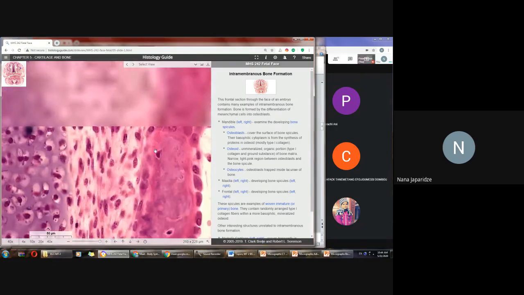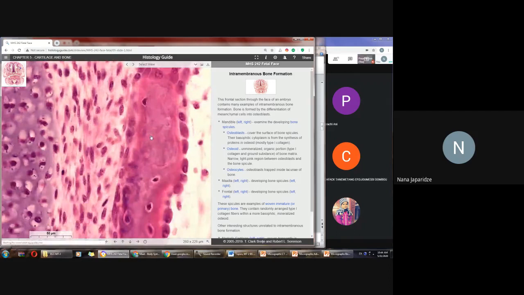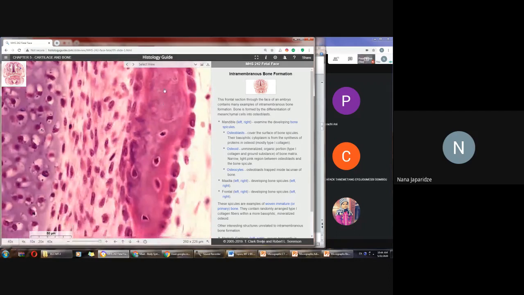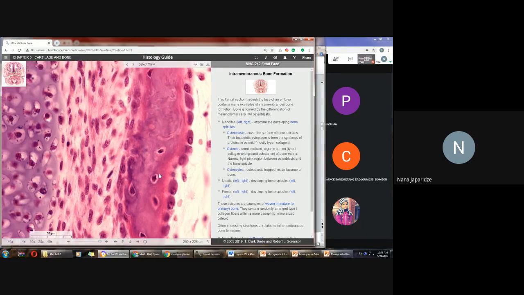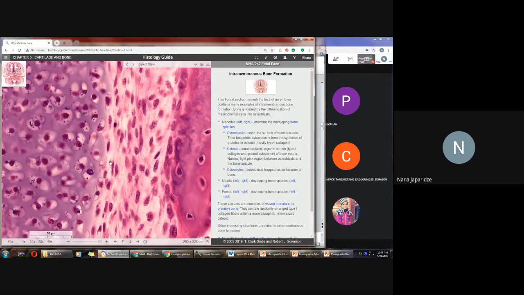And you know, in the middle here, we already have ossified tissue, bone tissue. Look, this one here with the osteocytes. These are already osteocytes. But again, this is a fetus. Okay.